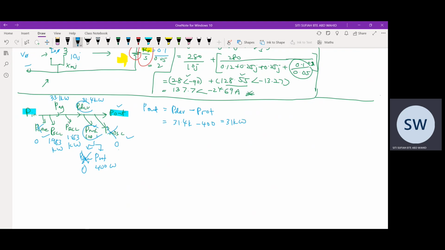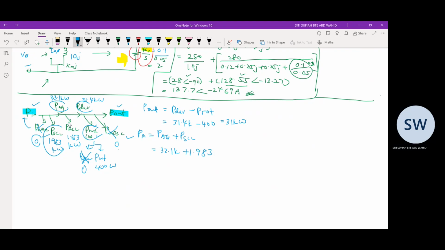While for P in, P air gap plus P SCL plus 0, you'll get P in. So 33.1K plus 1.983K, you'll get 35.08.